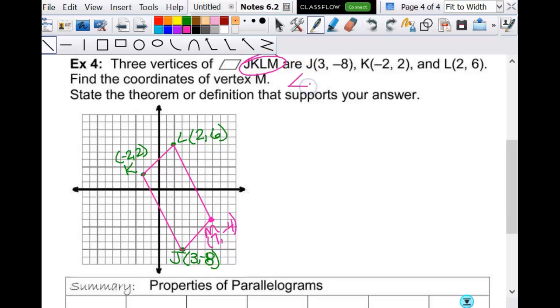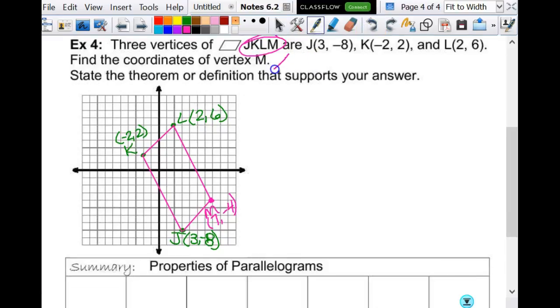It's a parallelogram if and only if opposite sides are parallel. So there's my justification, but then I got to show that they're parallel, which means I have to find the slope. I don't get to just say what it is by counting. You have to actually show what it is.